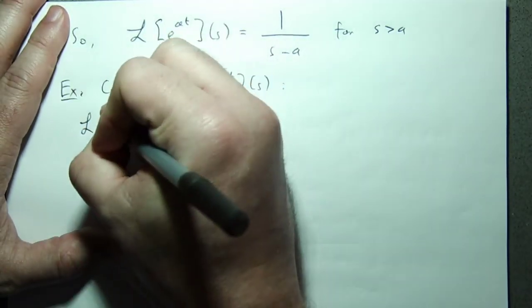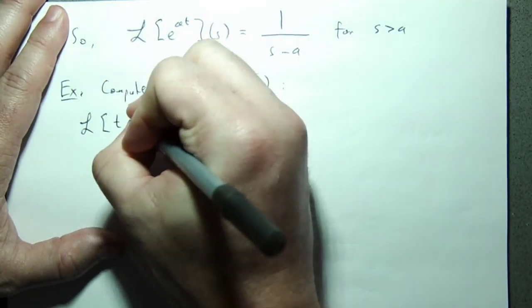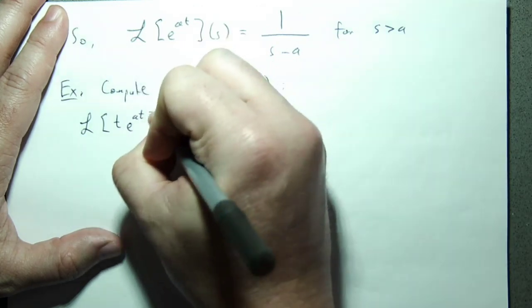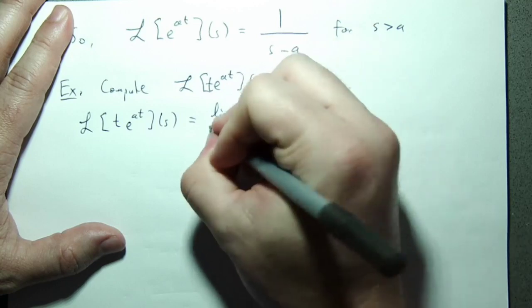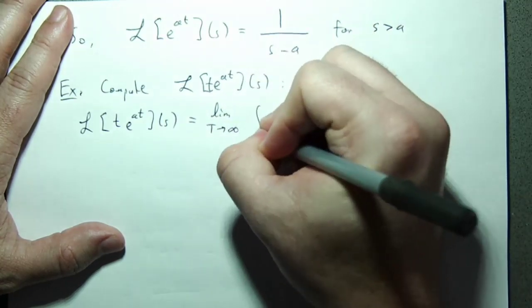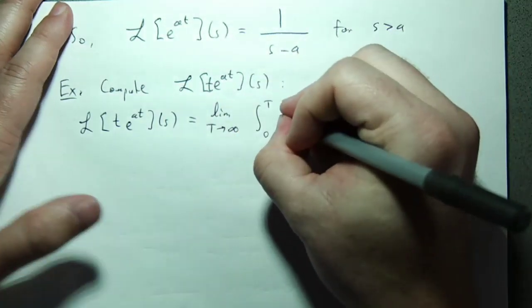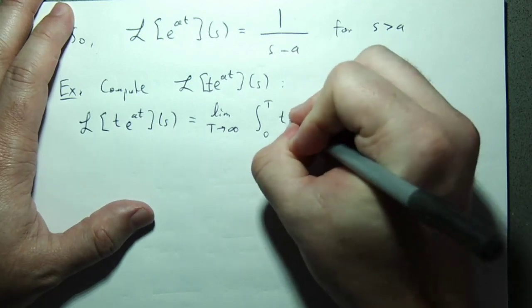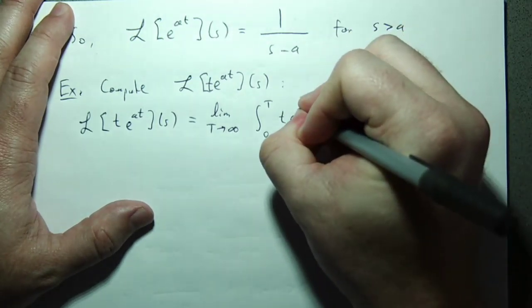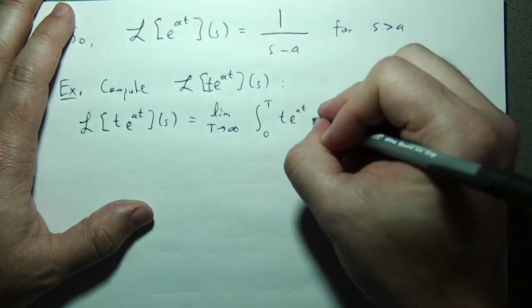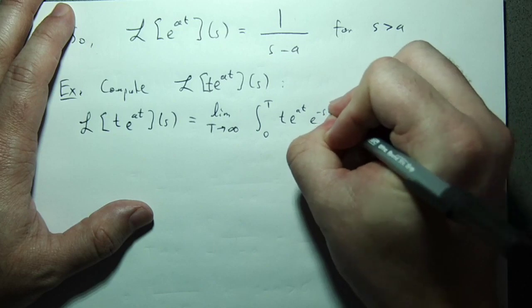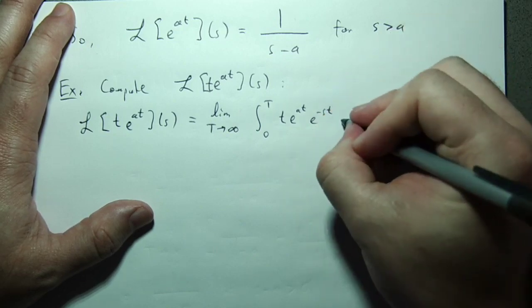The Laplace transform of t e to the at of s is the limit as big T goes to infinity of the integral from 0 to big T of t e to the at times e to the minus st dt.